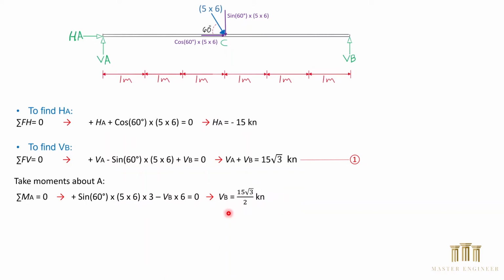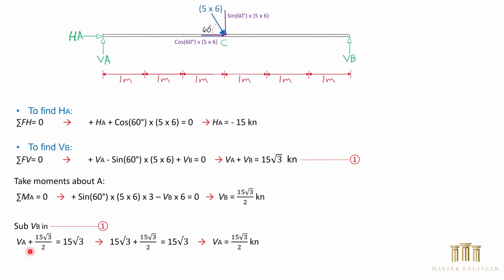Since we found the value for VB, we could substitute this into equation number 1. So we have VA, we put back the value of VB into here, which is 15 multiplied by square root of 3 divided by 2 equal 50 multiplied by square root of 3, which is here from equation number 1.